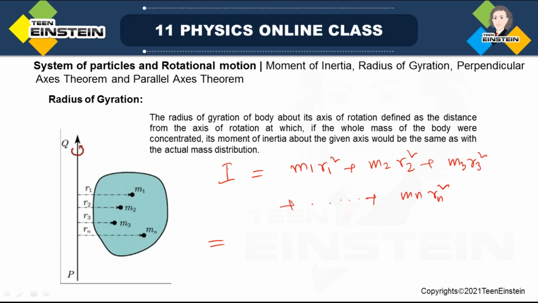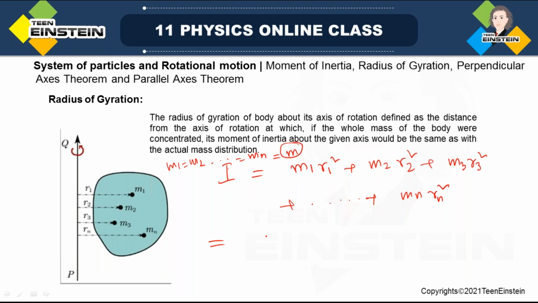Now look what I'll do. Suppose there are n particles. Let me take all these point masses as the same for the time being, that is m1, m2, m3 up to mn are equal, so that they are taken as m.